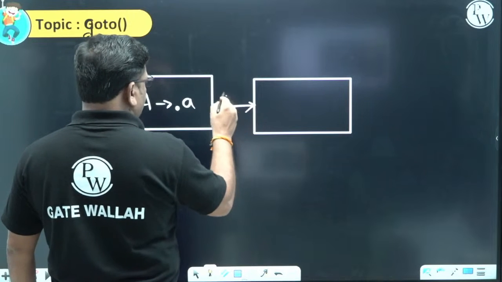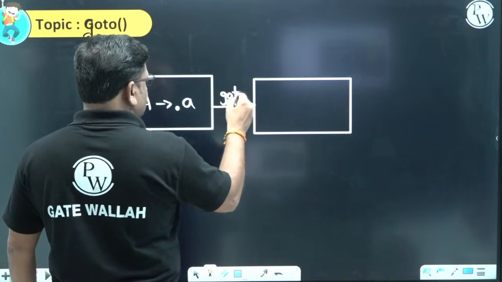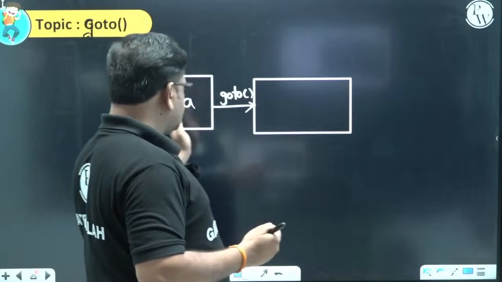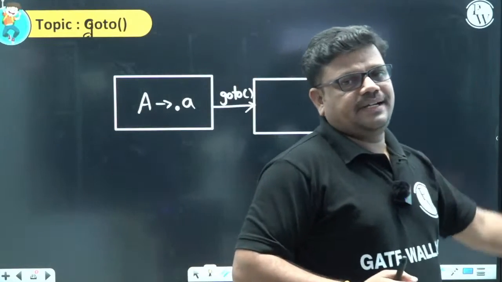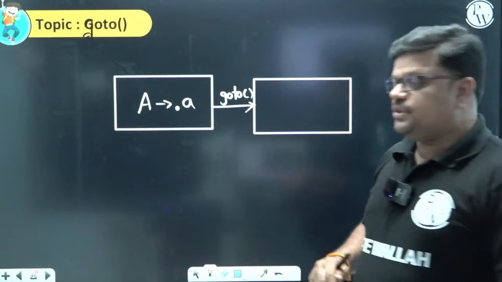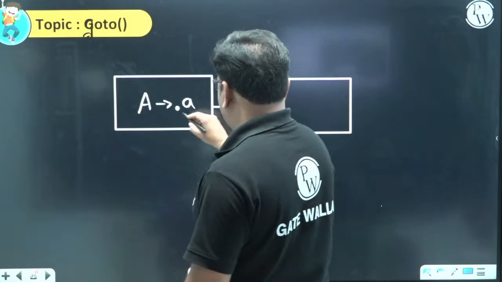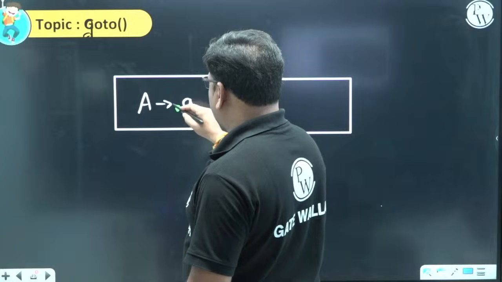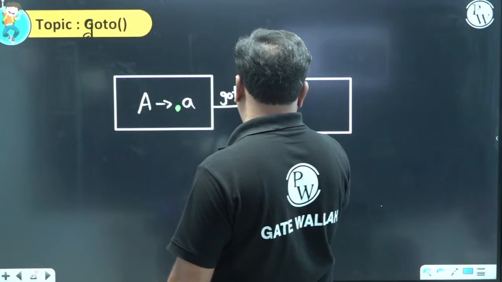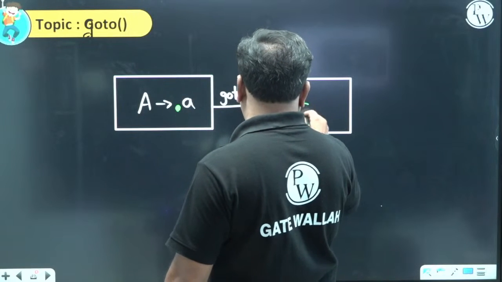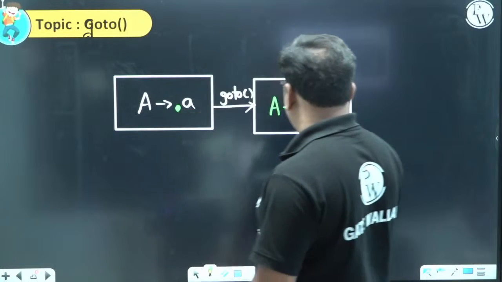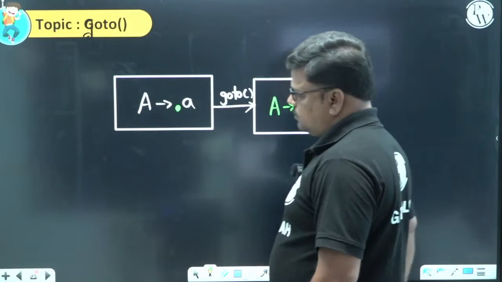If we call the goto function, goto moves the dot one position towards the right side. That is the task of goto. So if I apply goto on this item, the dot moves one position to the right. That's all. This is goto.